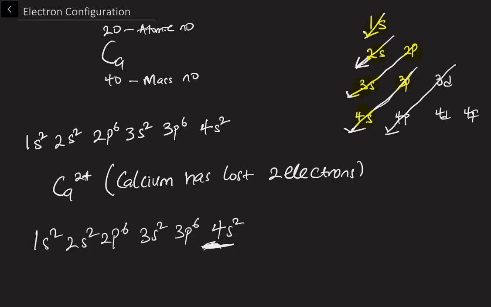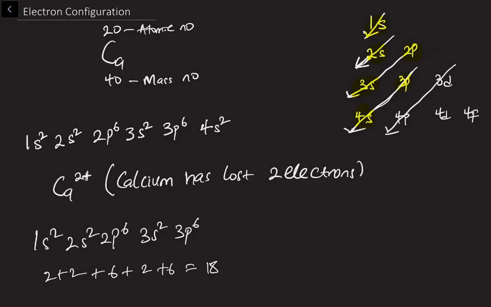So we lose 2 electrons. You can see 4s0, or most times you just don't write the 4s0. So that's 2 plus 2 plus 6 plus 2 plus 6, that's 18, right? Because calcium has lost 2 electrons.